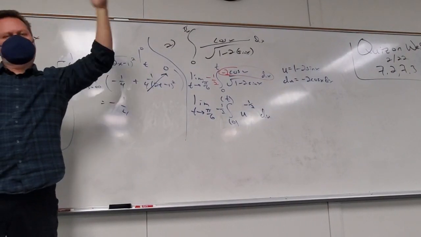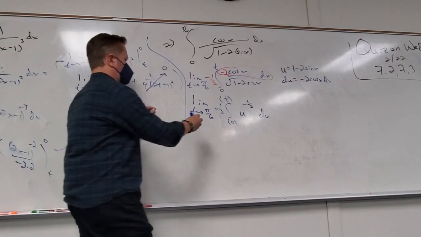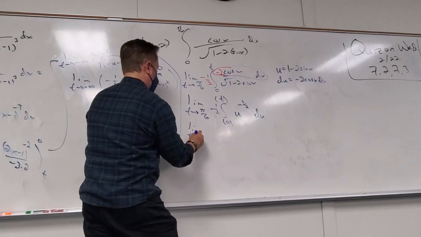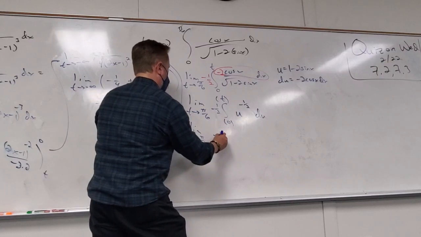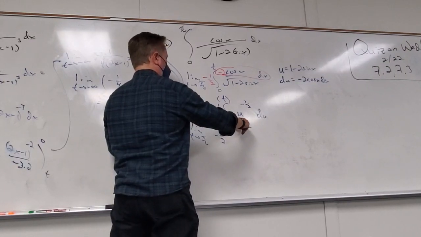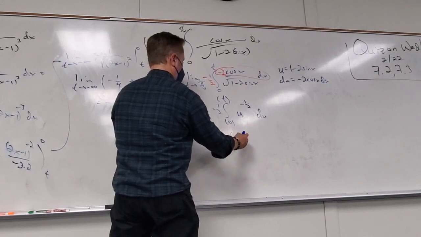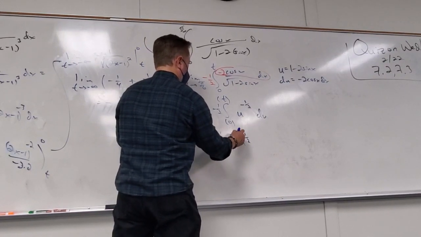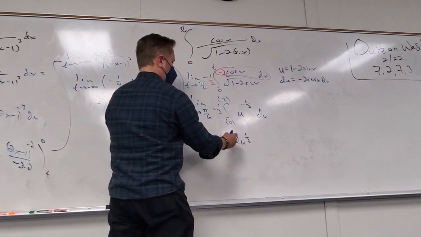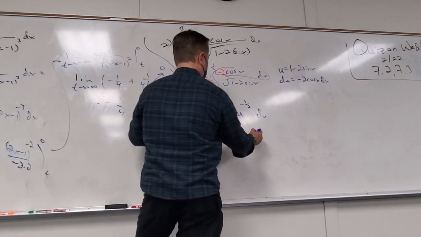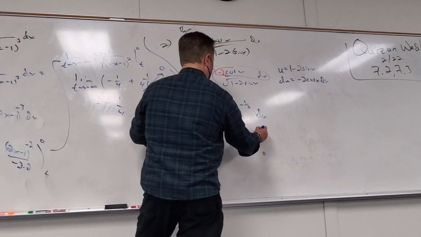I probably should change them, but I didn't. And of course, the integral of u to the -1/2 is u to the +1/2 divided by the new power. So these cancel. That's kind of nice. Evaluated from 0 to t.